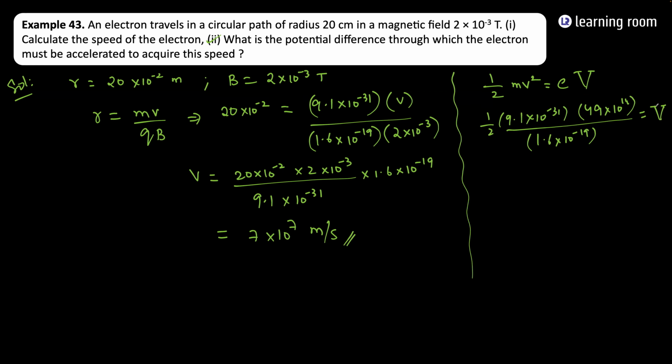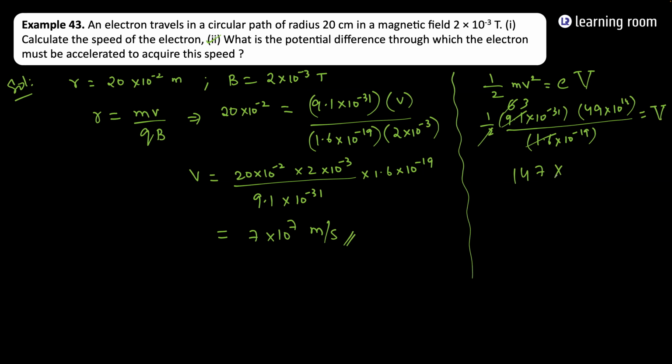So 1.6 and 9.1, can I approximately cancel it 6 times? Because 1.6 into 6 is 9.6. Approximately, I took it as 6 so that this will cancel this 3 times. So 3 into 49 is 50 into 3 is 150, 150 minus 3 is 147. So 147 into 10 power minus 31 into 10 power 14 is 10 power minus 17.